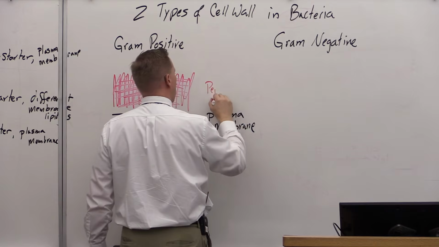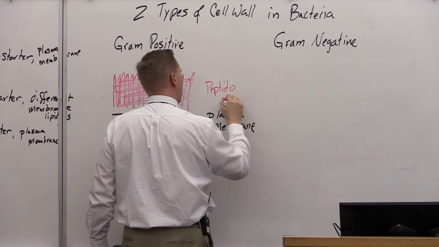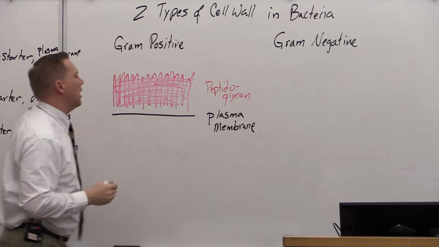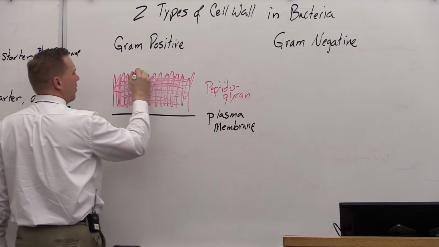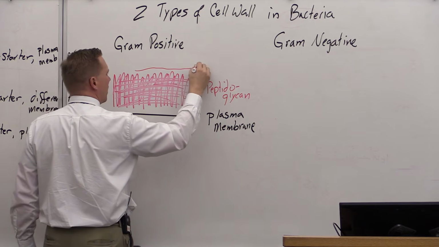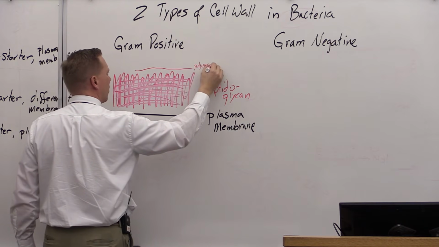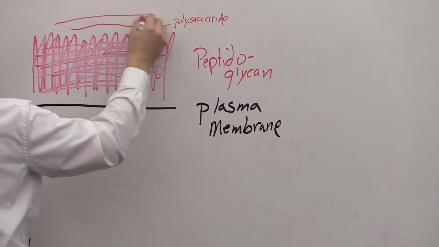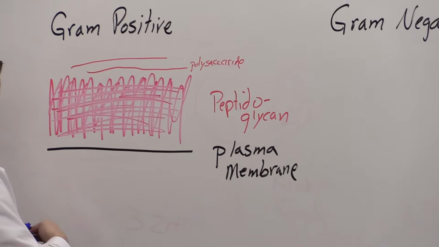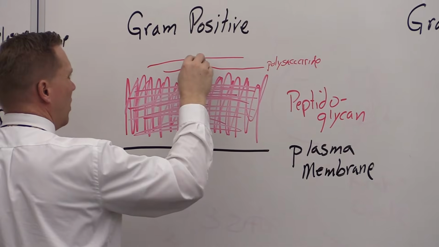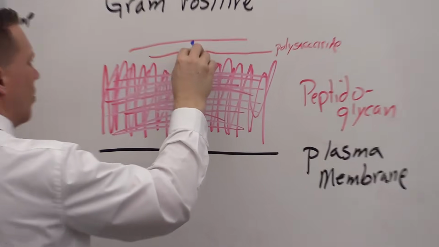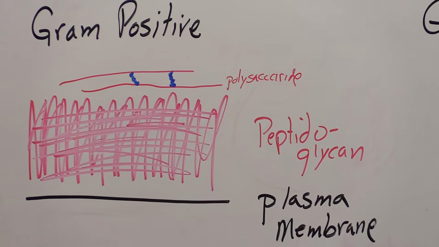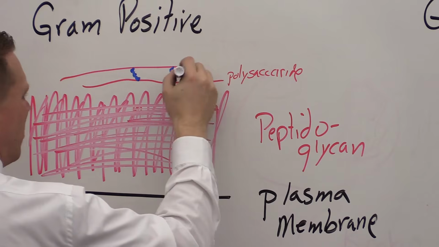So here in red we have peptidoglycan. And peptidoglycan is really these long chains of polysaccharides. These long chains then are interlinked with these short peptide linkers. That's these little blue dots I'm drawing, and it's a repetitive 3 to 6 amino acids.